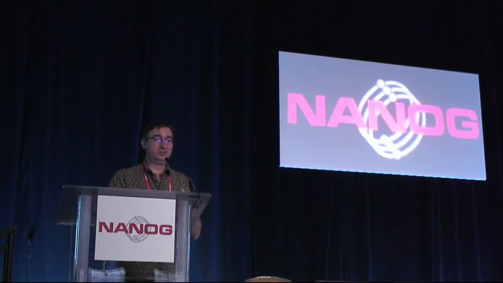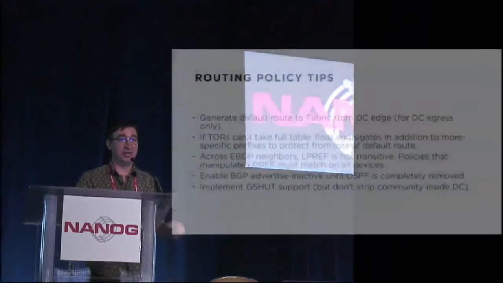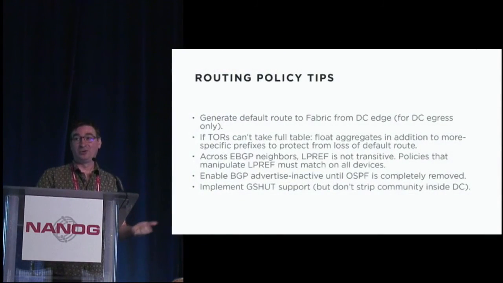So you definitely want your data center aggregates along with your default route to go down to the racks, because if that default route goes away, not only can your racks not talk to the rest of the internet, but they can't talk to each other either. Put those aggregates or more specifics in place and that issue goes away.